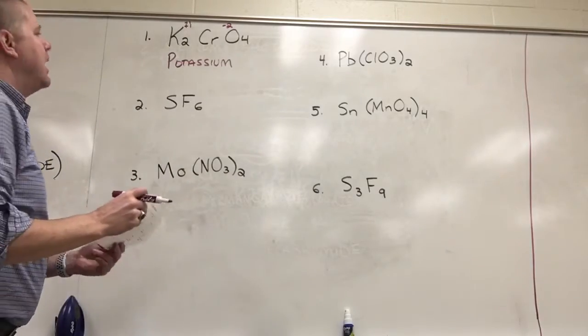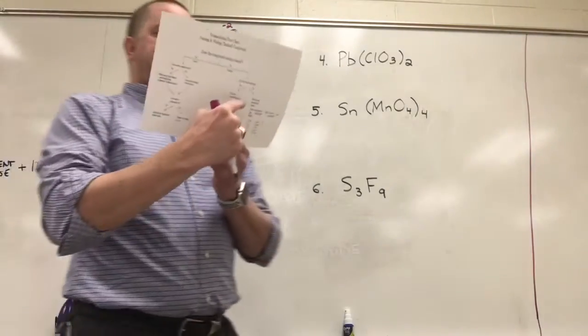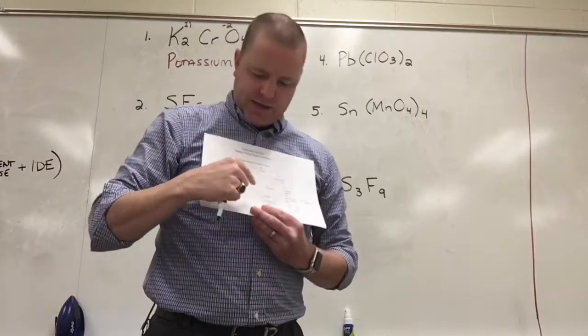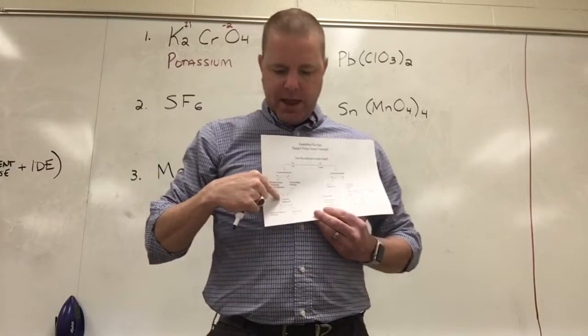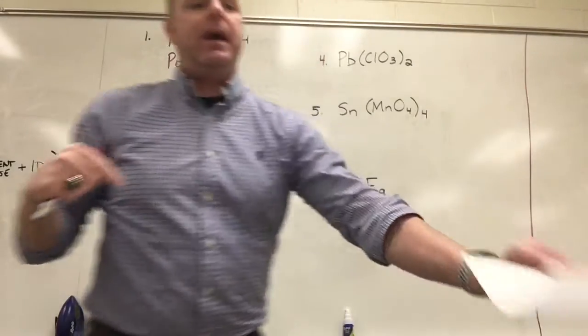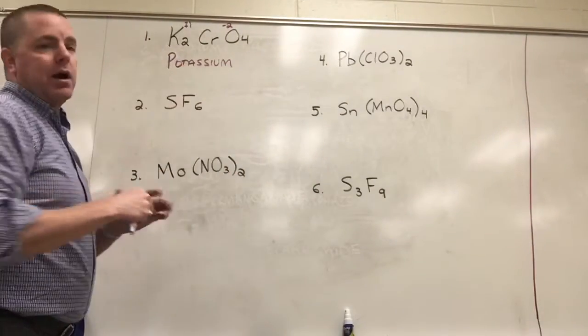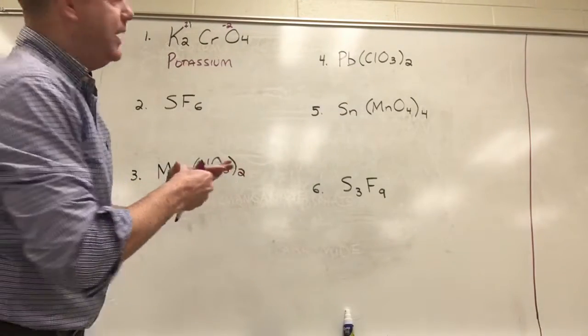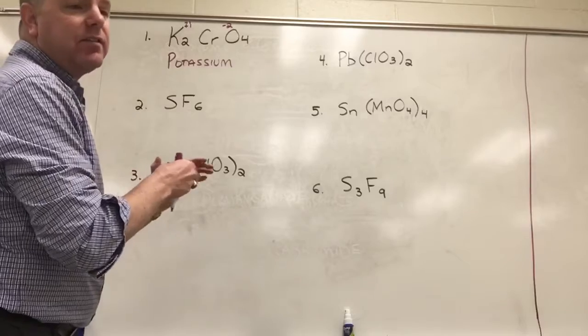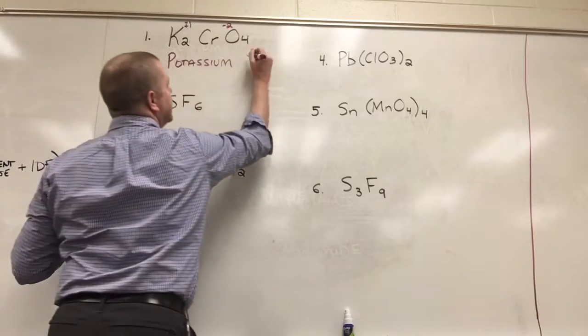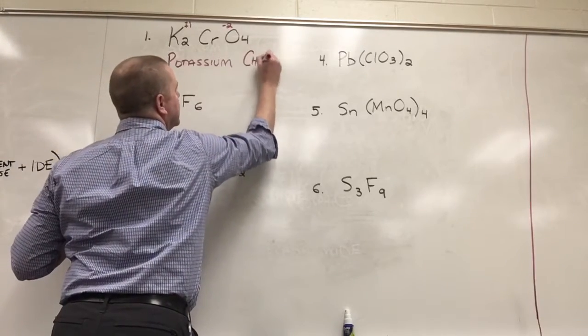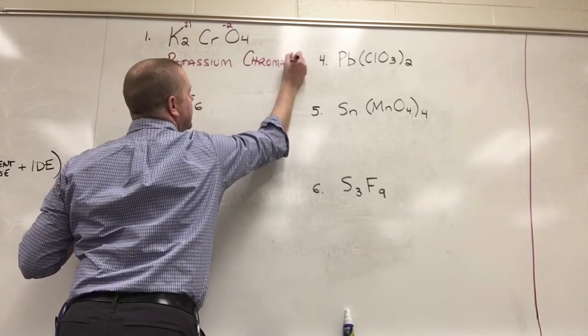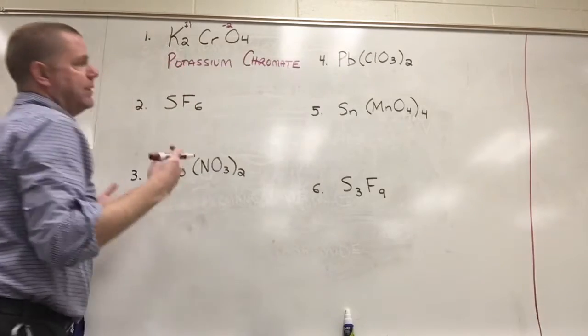Is the anion polyatomic? The answer is yes. CrO4 is the chromate ion. So if it is, then we just put its name. The answer to this is potassium chromate. And it's literally that easy, and don't make it more difficult than that.